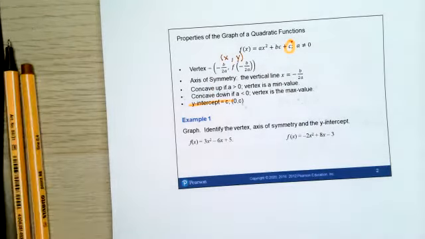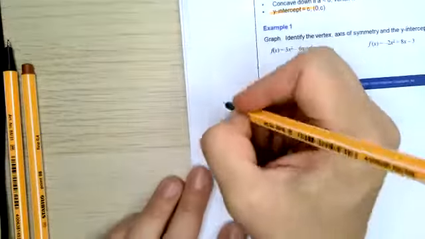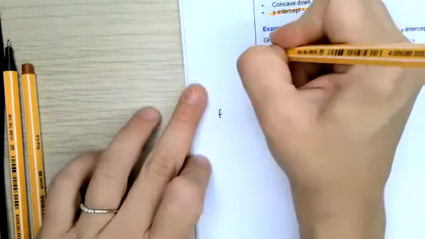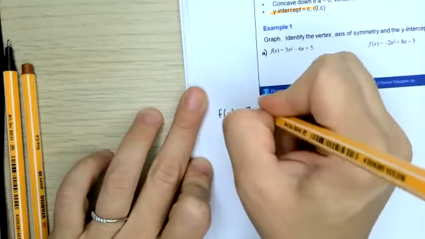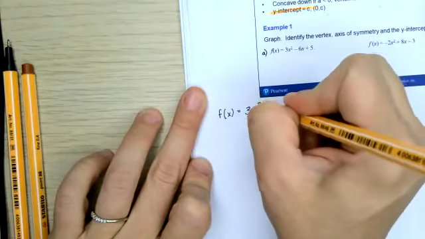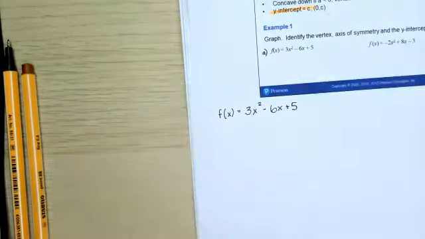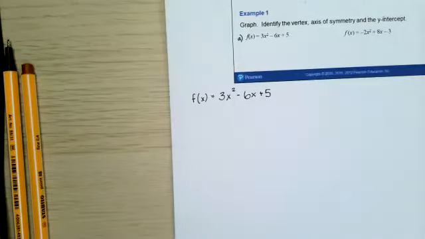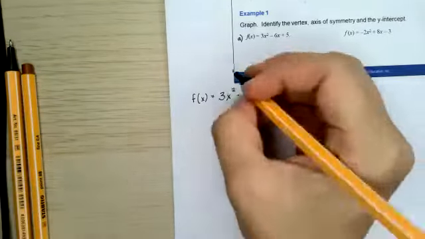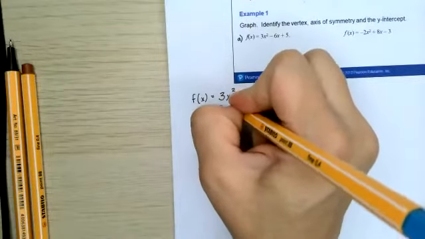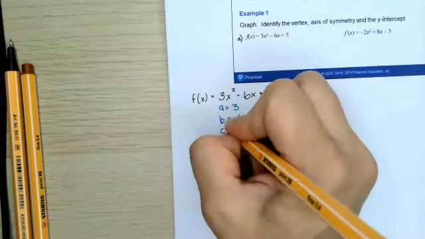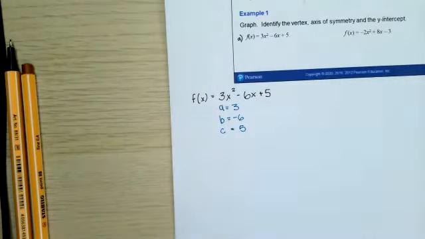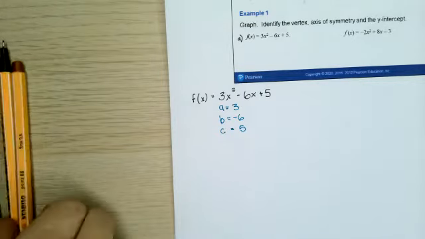Let's do some examples. So here we have our first example, f of x equals 3x squared minus 6x plus 5. Good. Find your a, your b, and your c. My a is 3. My b is -6, and my c is 5, right? All right, so take that information first, find your vertex, okay?